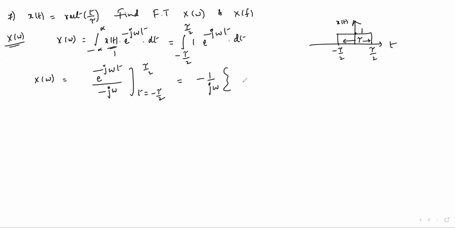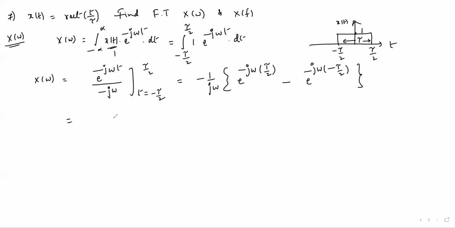Substitute the upper limit e to the power of minus j omega tau by 2 minus the lower limit, e to the power of minus j omega times minus tau by 2. Right.